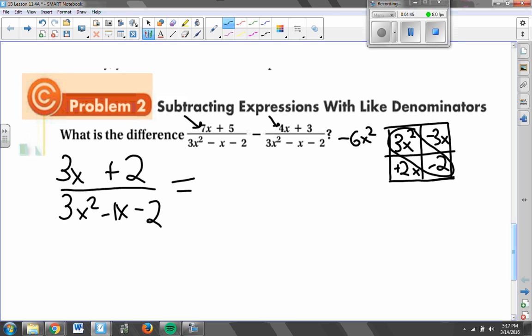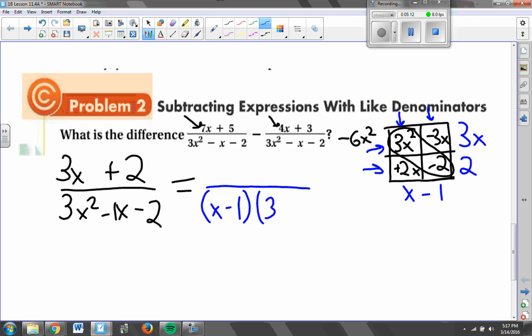So if I take out my greatest common factor of each row and column, here I see a 3 and an x. Here I see 2. Here I see an x, and here I see a negative 1, but there is no factor of 2 and 3. So the bottom of this fraction can become x minus 1 times 3x plus 2.